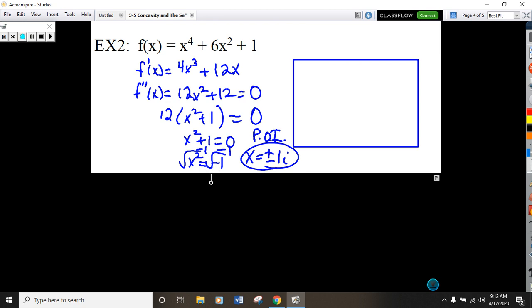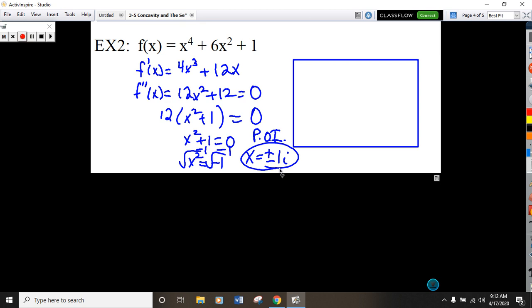What happens when you take the square root of a negative? There's i. This is throwing back to some of our square root stuff from way back when we first talked about that in Algebra 2. So whenever you take the square root, the solution is always positive and negative. That's why I have my plus and minus here. The square root of 1 is 1, and then it has an i because it's negative. So those are my points of inflection, our points of interest.